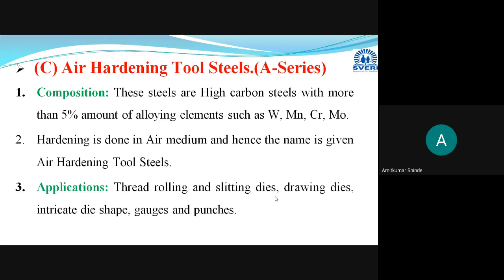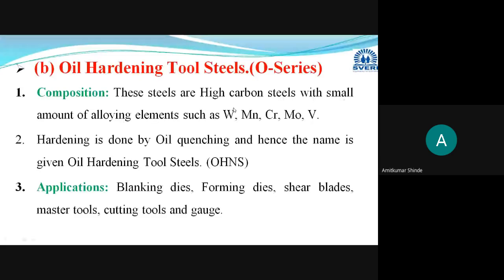But what is the difference? In the oil hardening tool steel, you can clearly see high carbon steel with a small amount of alloying elements, meaning together their quantity will be less than 5%.